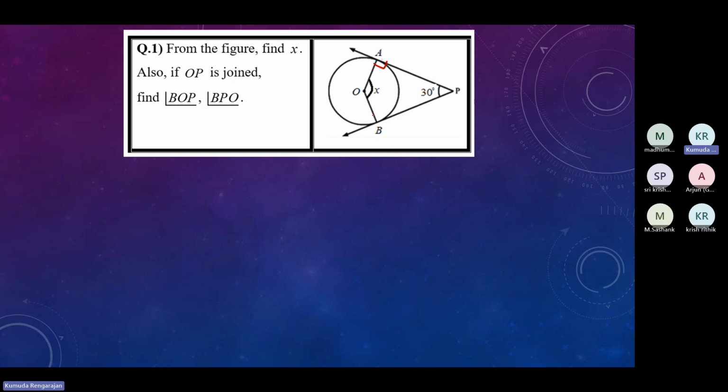This is 90, this is 90. One pair of opposite angles is supplementary. Therefore, AOBP is a cyclic quadrilateral.